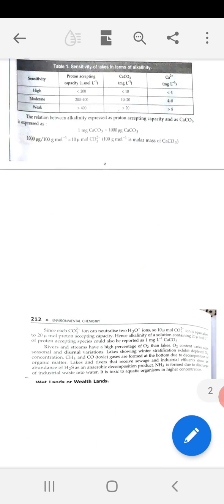Since each carbonate ion can neutralize 2 hydronium ions, 10 micromole carbonate ions is equivalent to 20 micromole proton accepting capacity. Hence, alkalinity of a solution containing 20 micromole per liter of proton accepting species could also be reported as 1 milligram per liter of calcium carbonate.